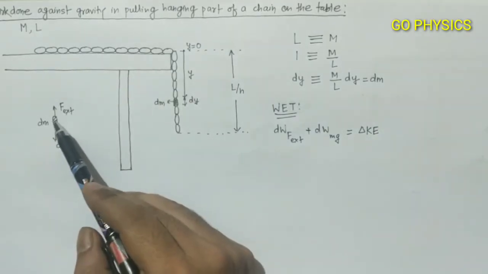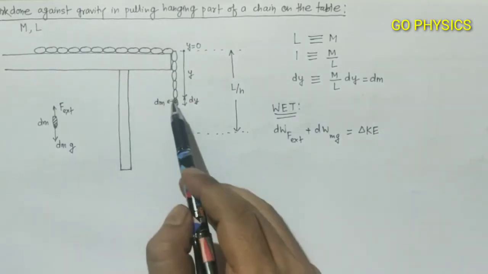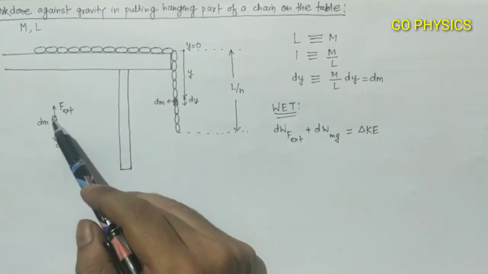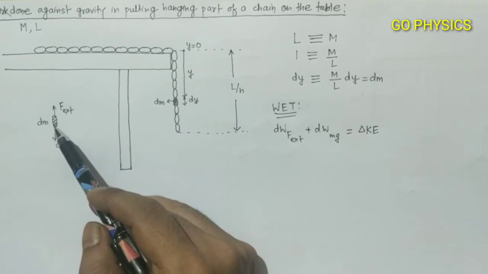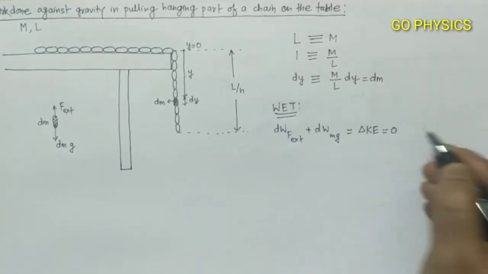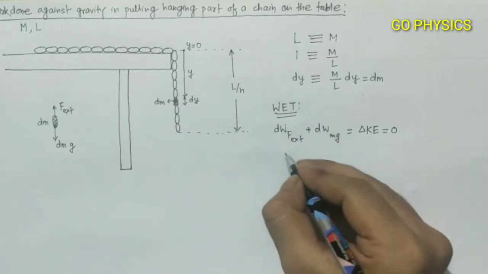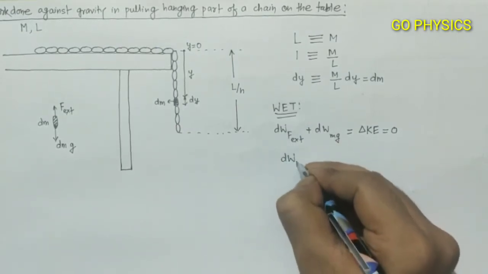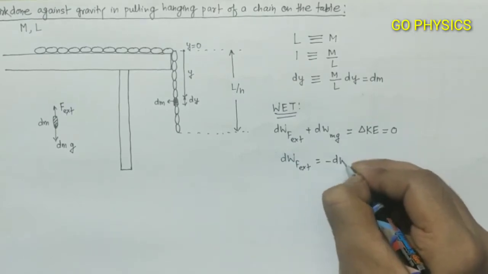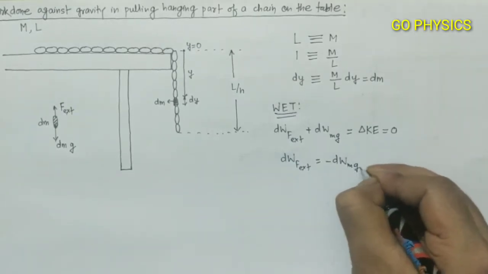Since initially this mass is at rest and once it reaches over the table, it will again come to rest, its initial and final speed is 0. So its change in kinetic energy will also be 0. So from here we can write that dW by F external is equal to the negative of the work done by the mg force.